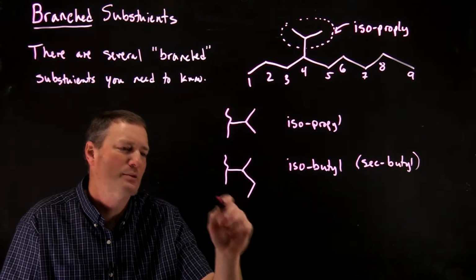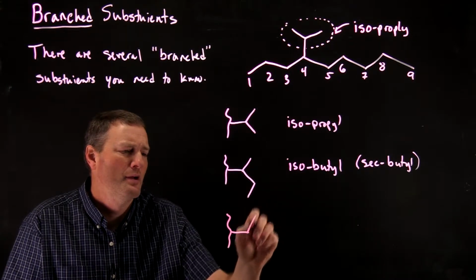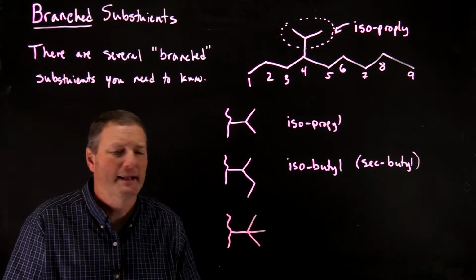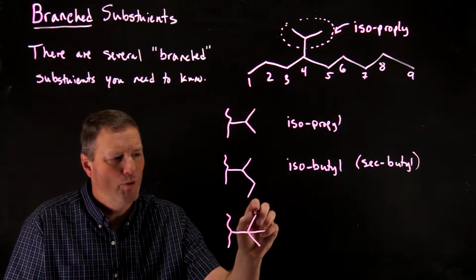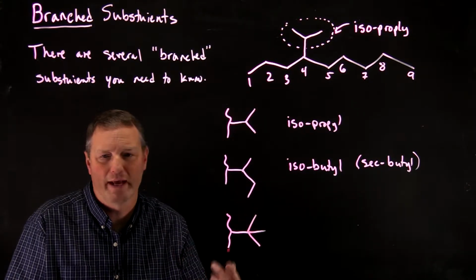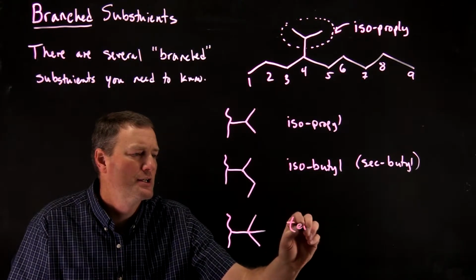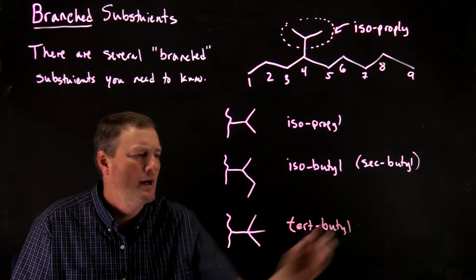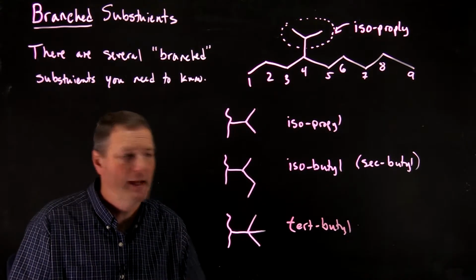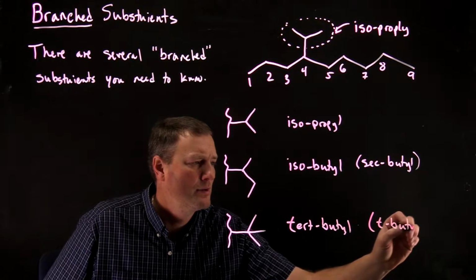And then the last one that you really should know is a pretty common group. Looks like this. It's actually got a central carbon with no hydrogens, and then 1 methyl, 2 methyl, 3 methyls. So it's got 3 methyls coming off of it. This is called a tert-butyl, or tertiary butyl group, often abbreviated as t-butyl.